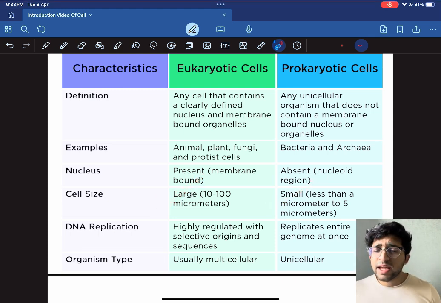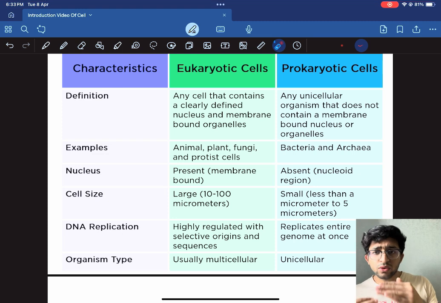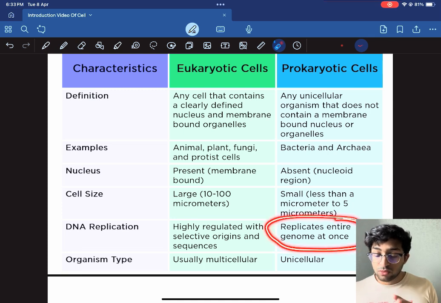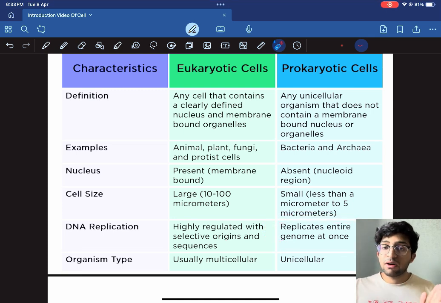DNA replication in eukaryotes is highly regulated and occurs selectively at origins and sequences, right? In prokaryotes, DNA replicates the entire genome only at once. For example, in our body, DNA needs to replicate again and again, because new cells are forming again and again. Whereas in bacteria, once the DNA replication happens, it's done.